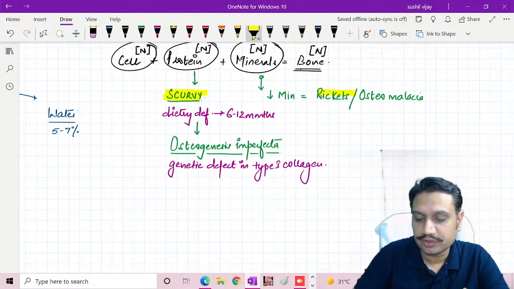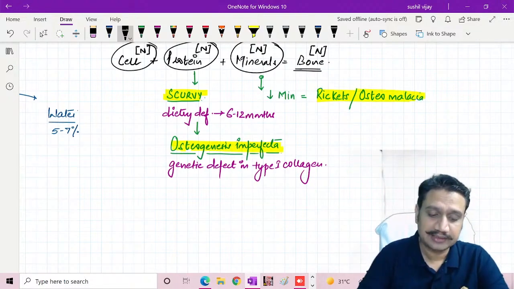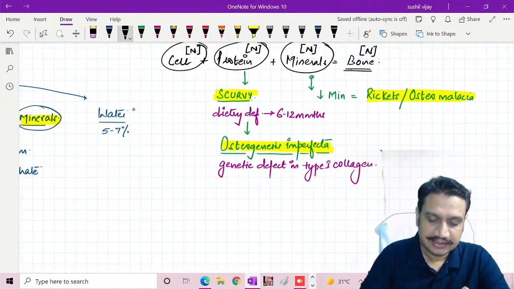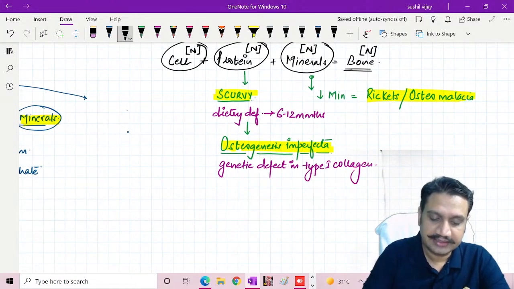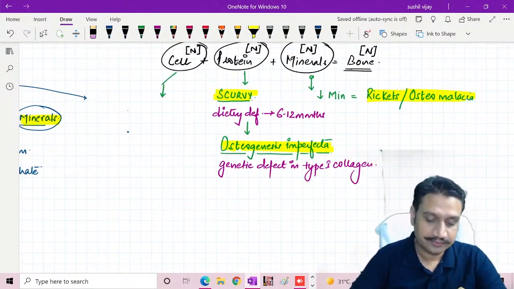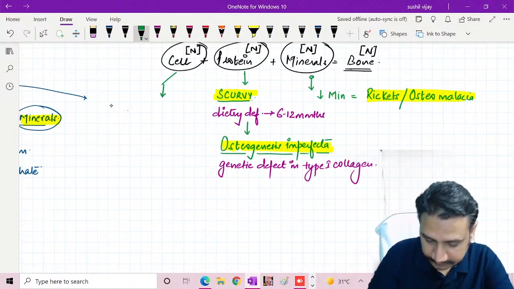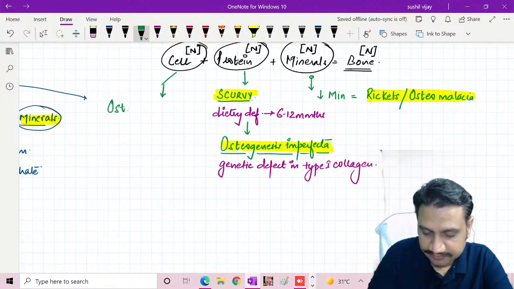So we have got two disorders of the mineralization. We have got two disorders of the proteins. Coming onto the cell, the disorders are because of the osteoclast all the time, right? The disorders of the cell are because of the osteoclast.